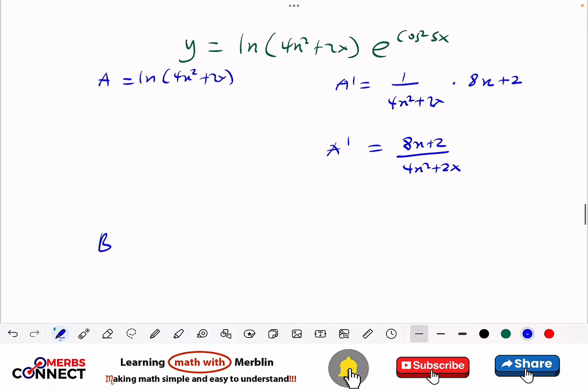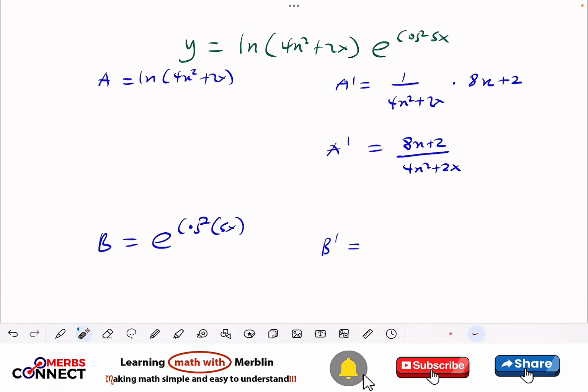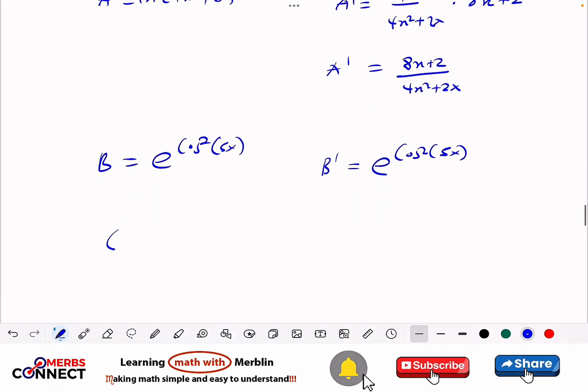Let's look at B. Let's choose B to be e to the power cos squared 5x. So B prime is to maintain this and differentiate what is on the top. This is the same as cos 5x all squared.